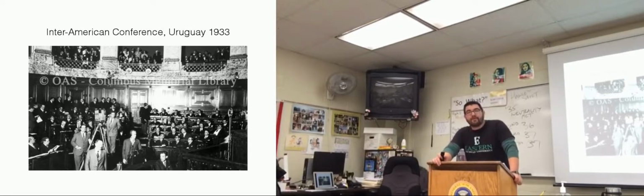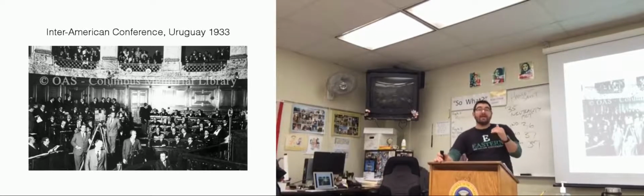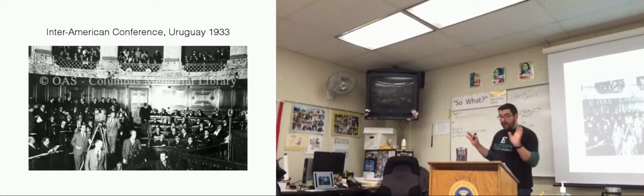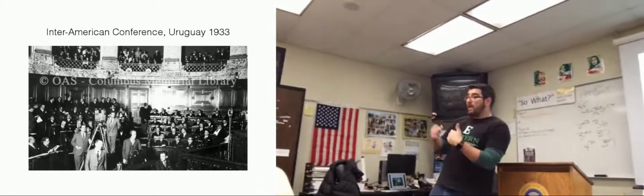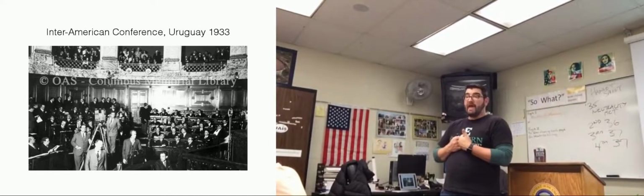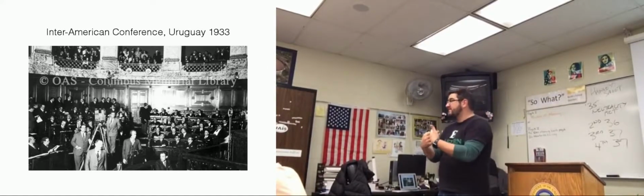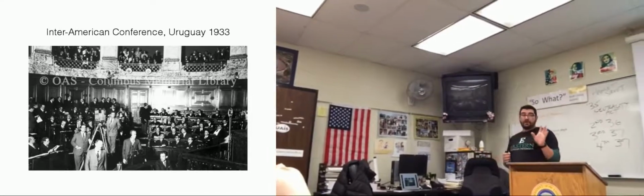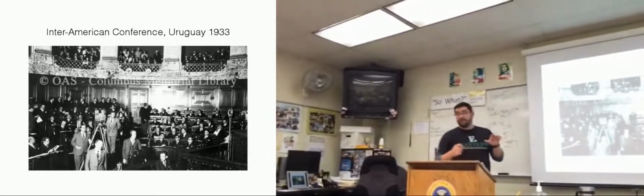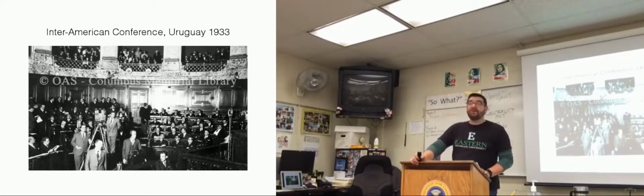Here in 1933, the United States and Latin American countries will agree that nobody has a right to intervene in a country's internal or external affairs. Everybody in the Americas is sovereign. No one has the right to intervene in a country's internal or external affairs. Stay out of our business, and we'll stay out of yours.